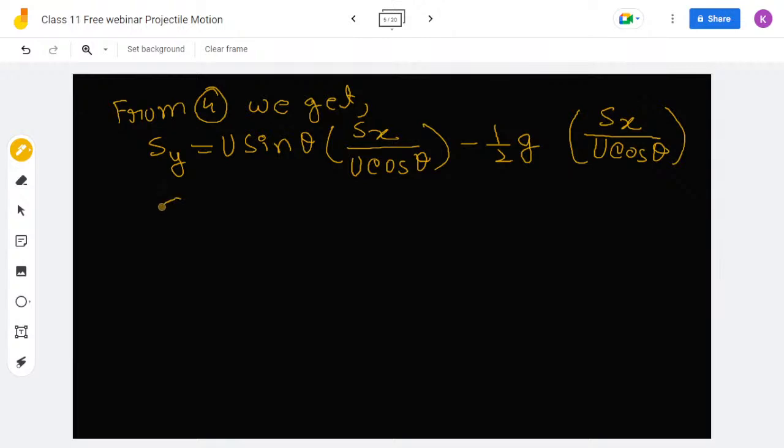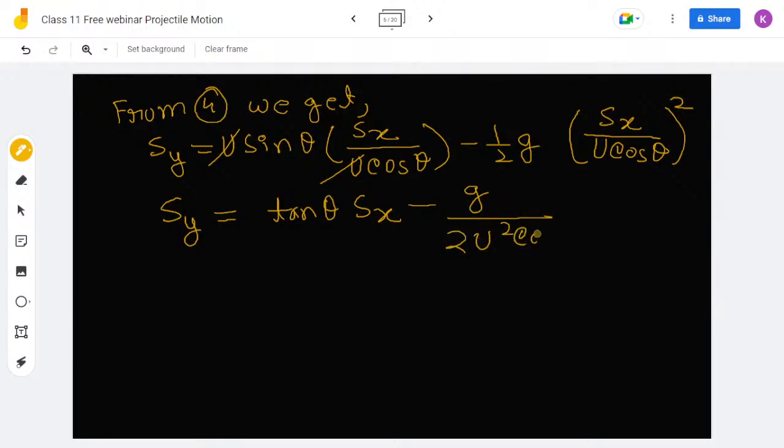Okay, again s suffix y equal to this: u gets cut and this becomes tan theta, since sin theta by cos theta is tan theta, multiplied by s suffix x, minus g by 2u square cos square theta multiplied by s suffix x square.